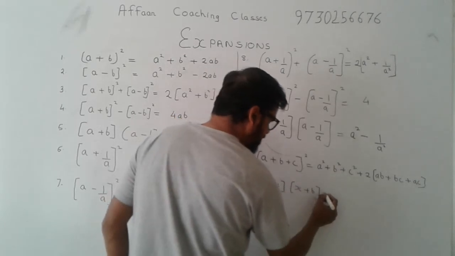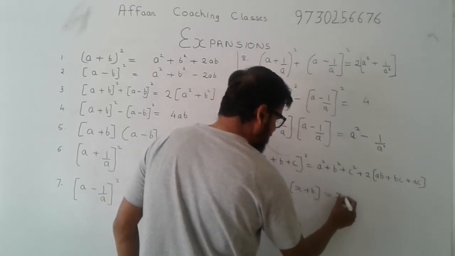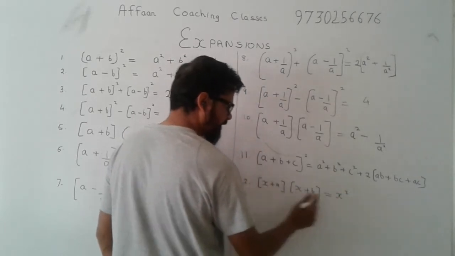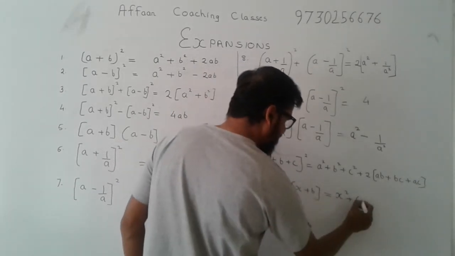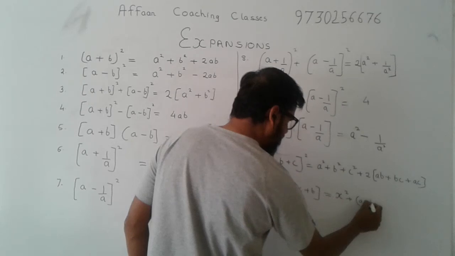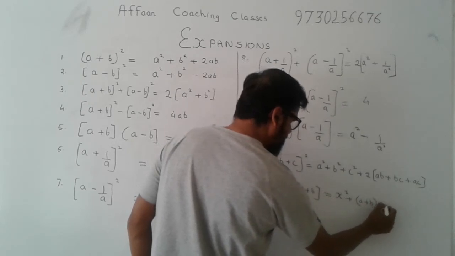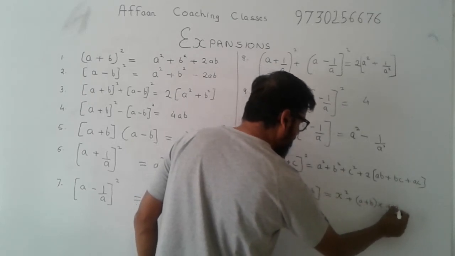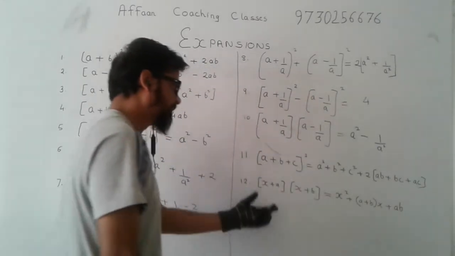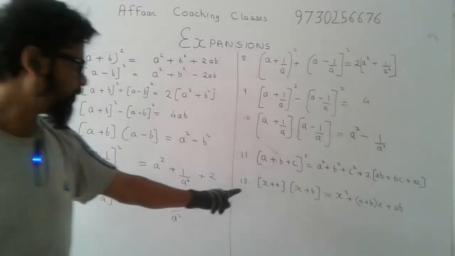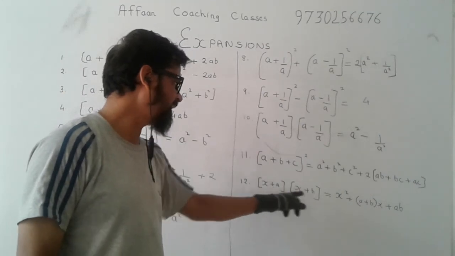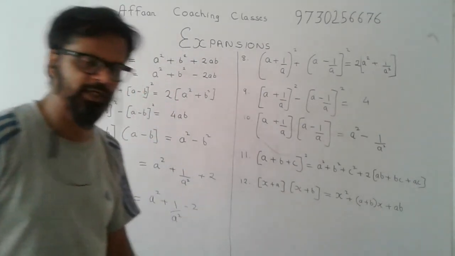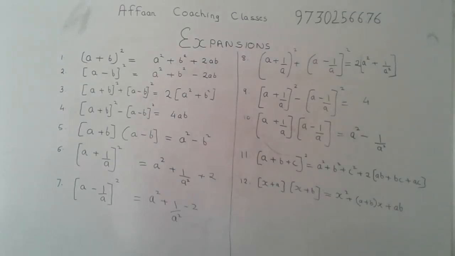For this you will write x square, the first term squared, plus, you are going to add these 2 terms, (a plus b) x, plus ab. Remember this formula: you have 2 different terms over here, where x is common, and a and b are different, so that will be x square plus (a plus b) x plus ab.